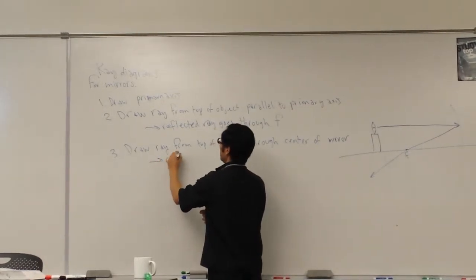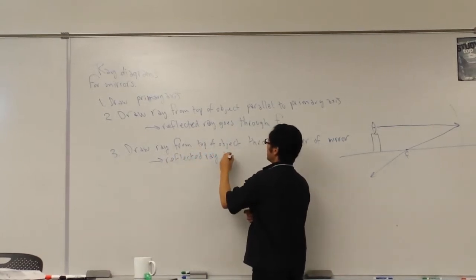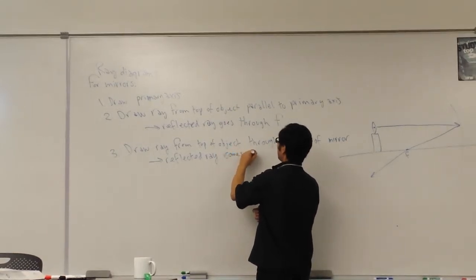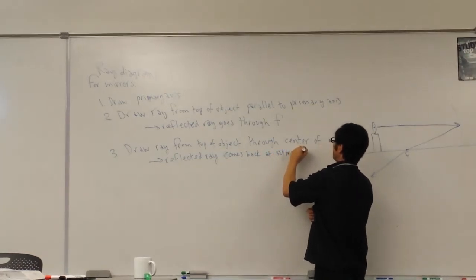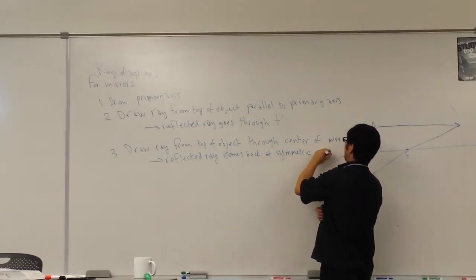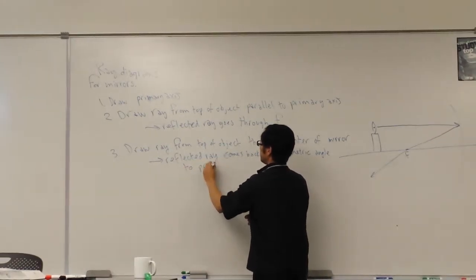The reflected ray comes back at a symmetric angle to the primary axis.